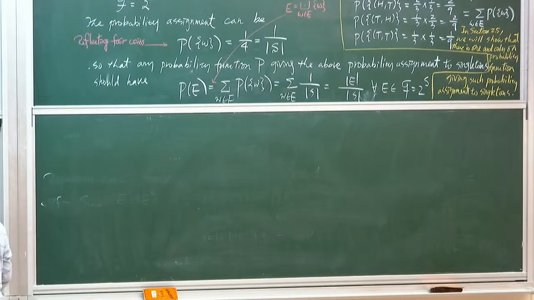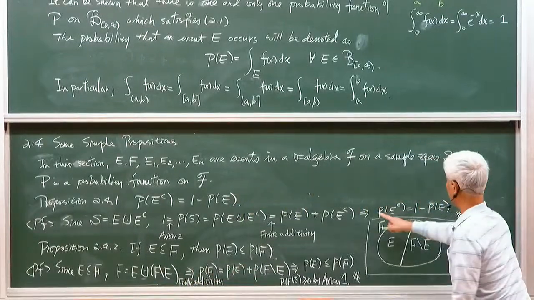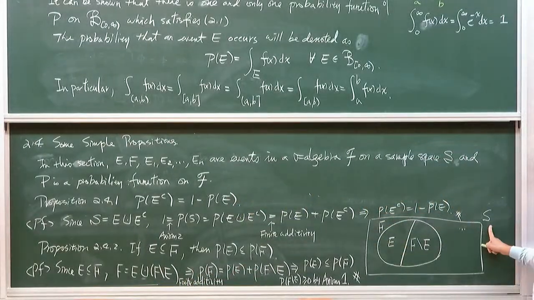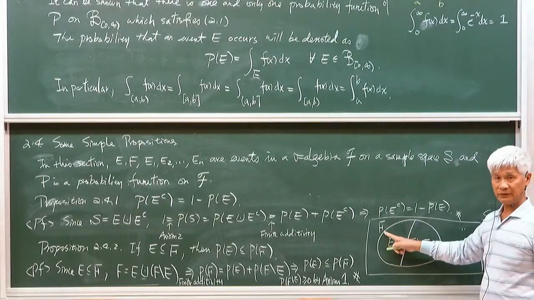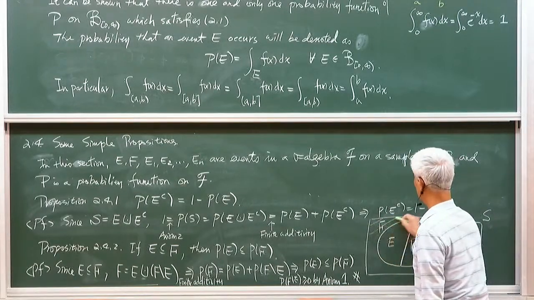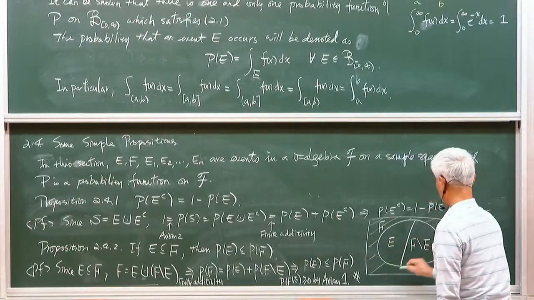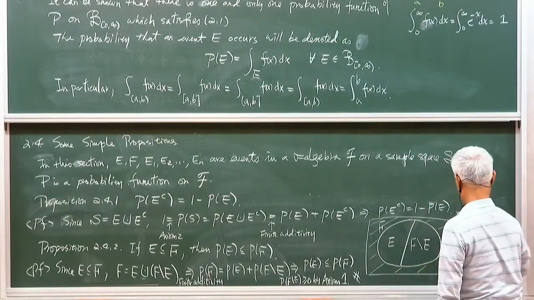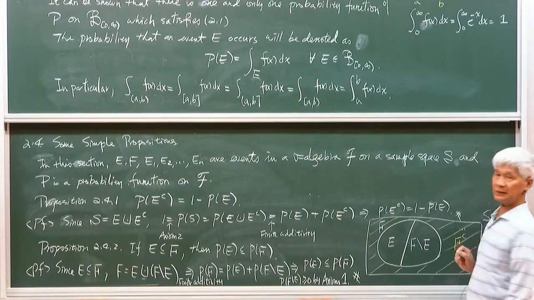If this big box is the sample space, and this big circle is the event F, then outside of event F gives you F complement.